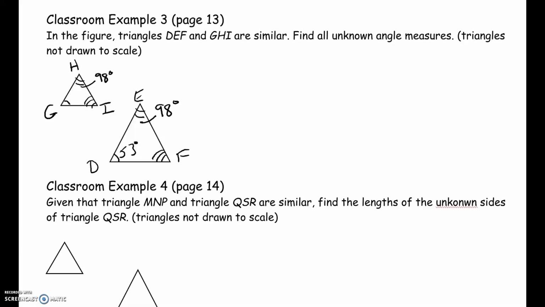Since these two triangles are similar, we know that they have congruent corresponding angles. So the measure of angle G equals the measure of angle D, which is 53 degrees. To find angle F in my big triangle, I can just use the fact that all of the angles need to add up to 180.